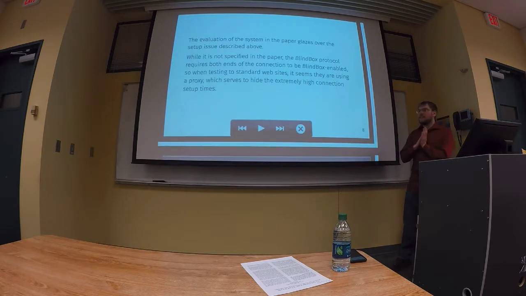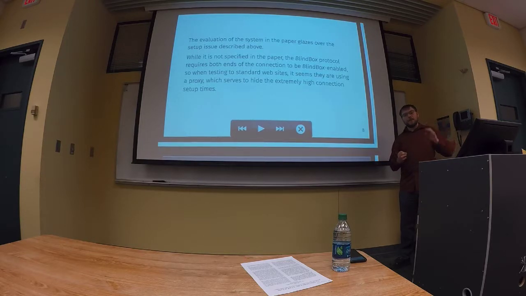And yeah, that's another thing that I didn't love about their evaluation: they kind of glaze over the connection setup. They spend a lot of time talking about how this system impacts load times of common web pages like CNN.com, but they leave out the connection setup times.